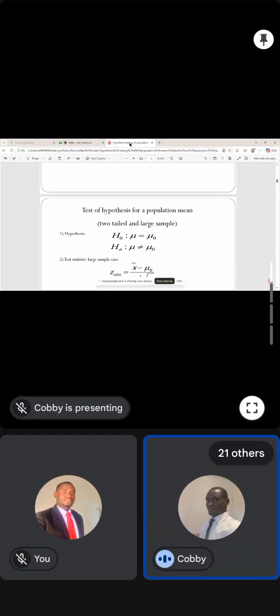This is another concept. I don't know if you have ever heard about the two-tailed and one-tailed test. If you are looking at the difference, or you are comparing two things for the population mean, we are interested to know if the population means are equal or not equal.